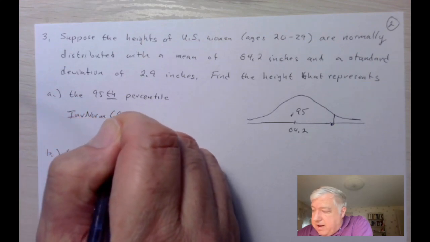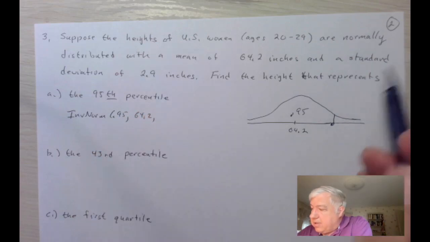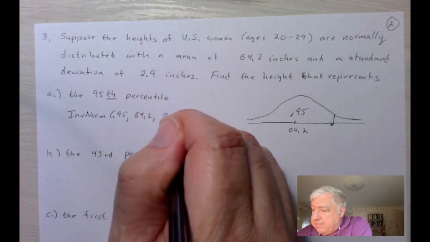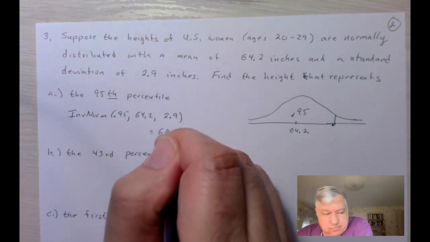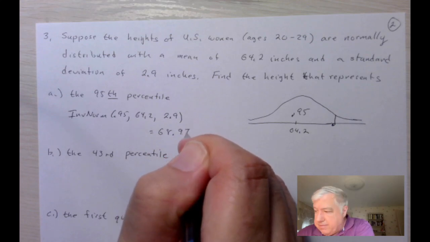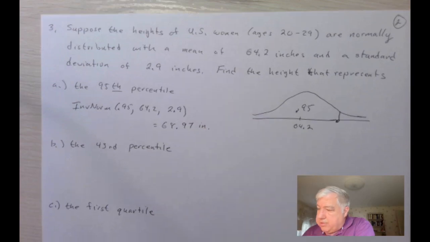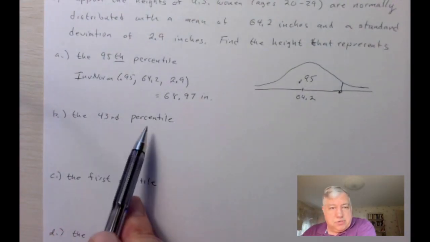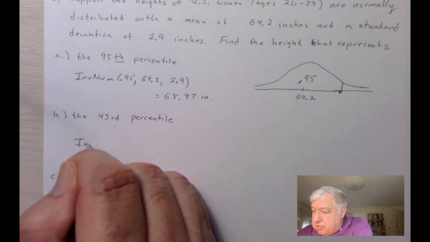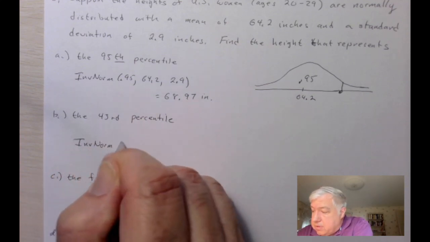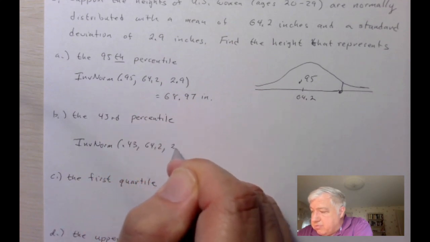So we would use inverse norm of 0.95, and then our mean is 64.2, and our standard deviation is 2.9, okay, and this turns out to be 68.97 inches. Okay. Similarly, the 43rd percentile we would compute by inverse norm of 0.43, 64.2, 2.9.